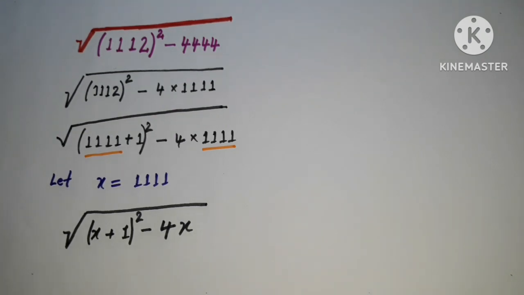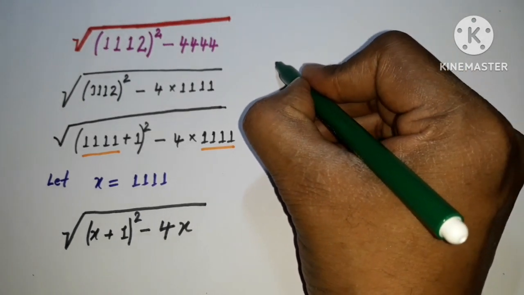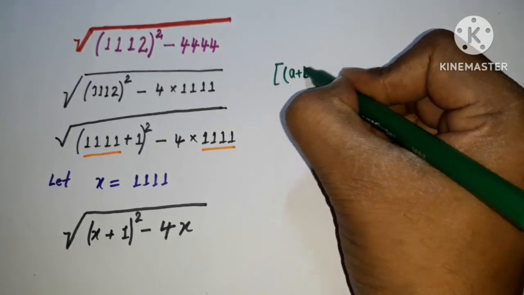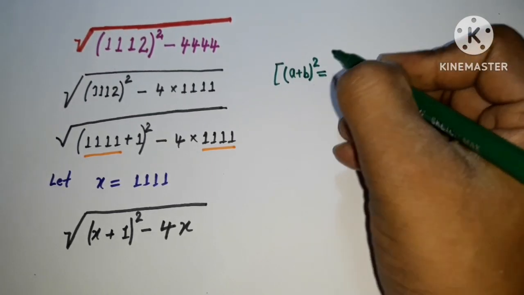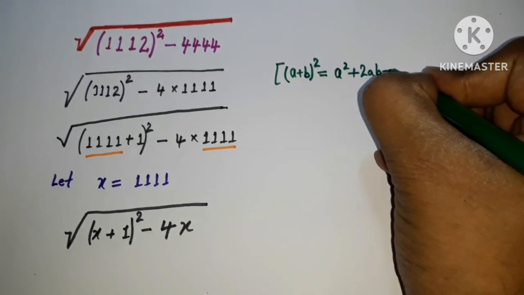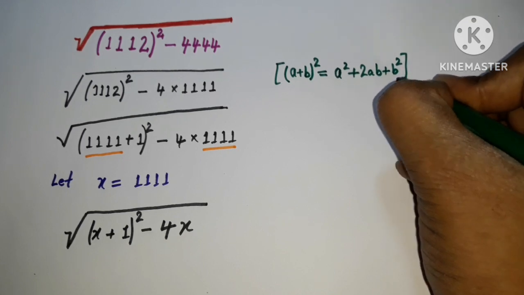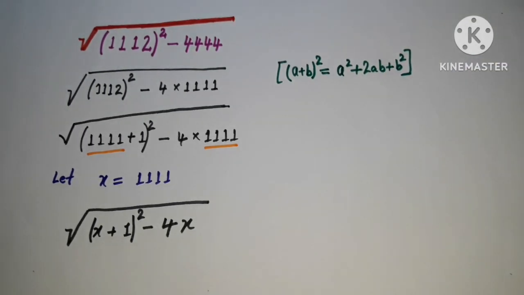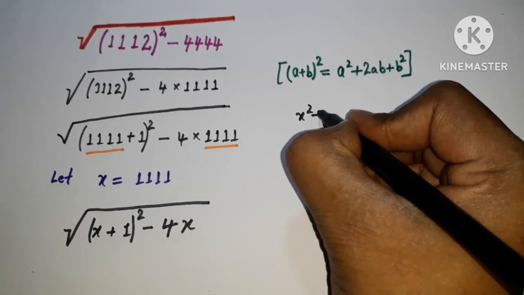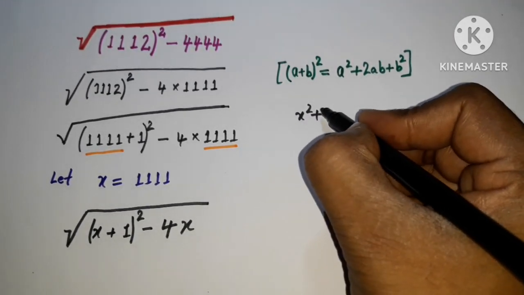And now this can be easily solved by a formula. That formula is (a plus b) whole square. This identity I am going to use here: a square plus 2ab plus b square. So this one is giving x square.